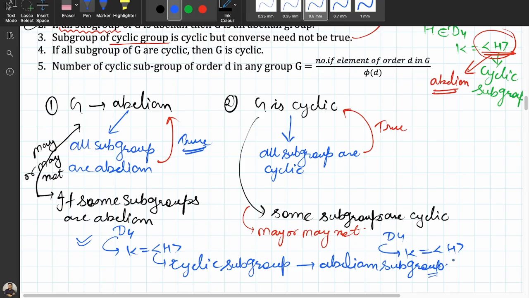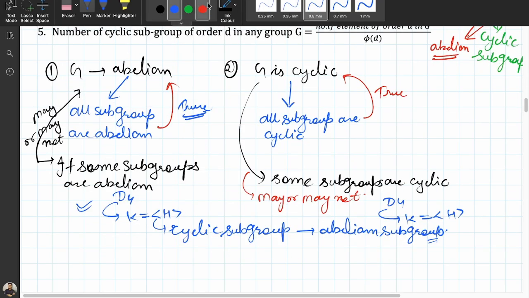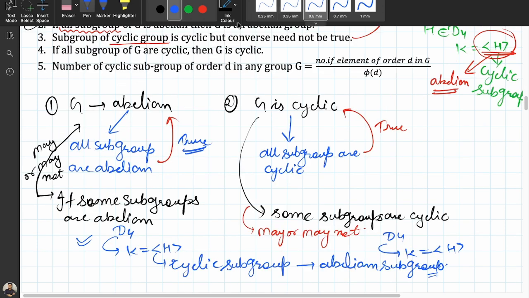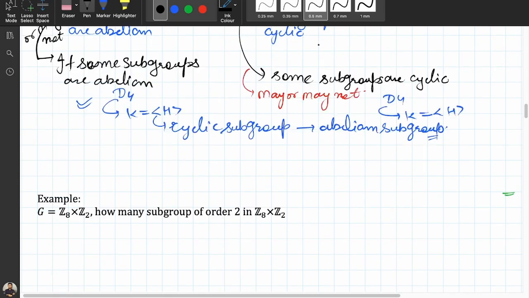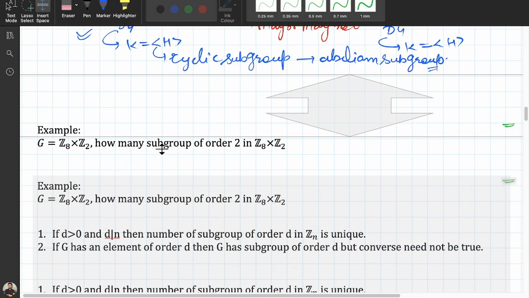Now, one more result that is very important. What is that result? The number of cyclic subgroups of order d in any group G is equal to the number of elements of order d in G divided by phi(d). What is the meaning of this?